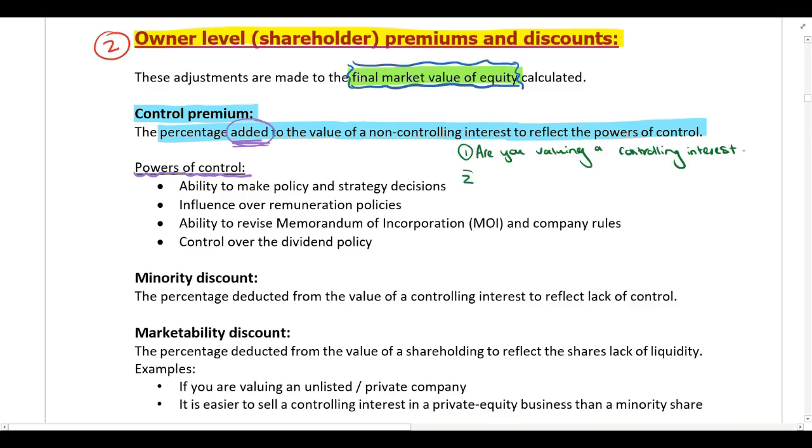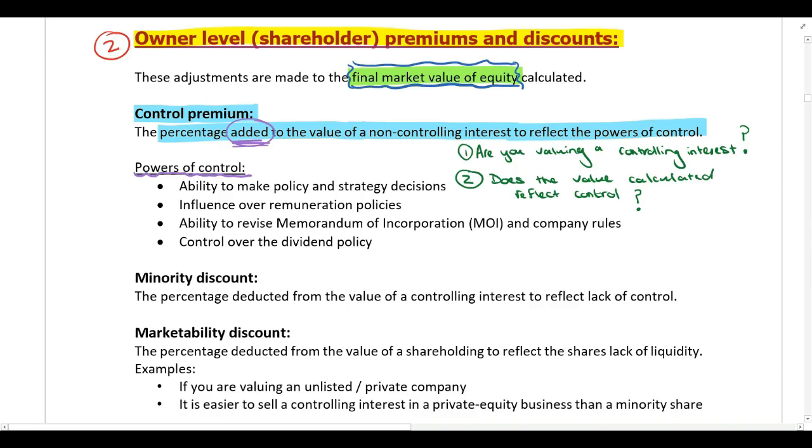The next question that you need to ask is, does the value calculated reflect control? So these are the two questions we ask ourselves.